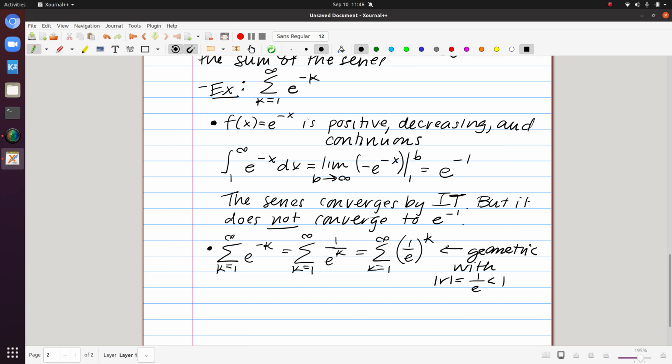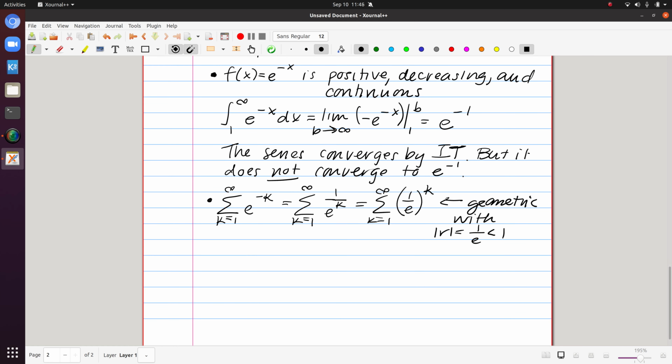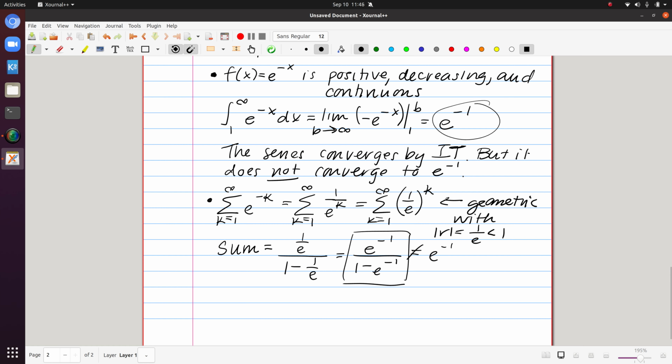So we would be able to see that it converges using the fact that it's geometric, but also the sum of this geometric series from our formula that we derived before is the first term divided by 1 minus the r value. So notice that's e to the minus 1 over 1 minus e to the minus 1. That's not equal to the value of the integral. This would be the true sum of the series, and we see that's not the same as the integral.